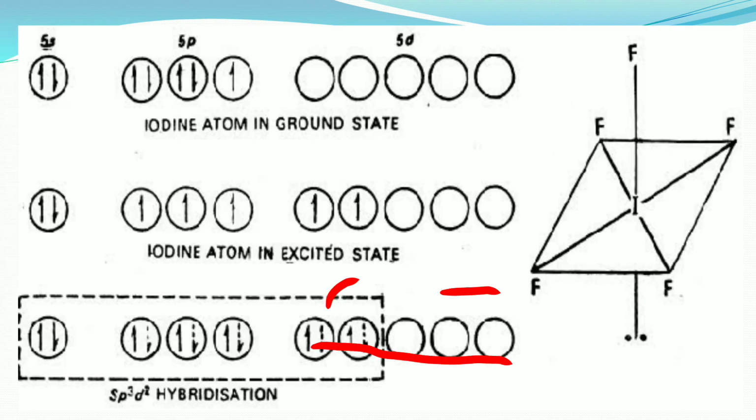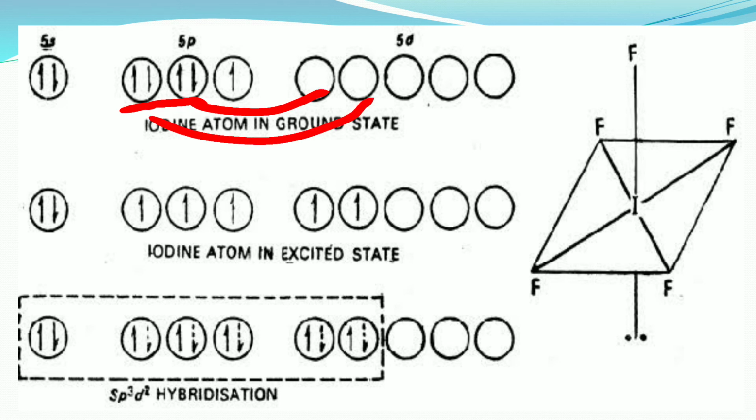Okay, next we learn hybridization. Here the iodine has the valence electronic configuration 5s2 and 5p5. This iodine is bonded with 5 fluorine atoms, that means it requires 5 unpaired electrons. That's why two electrons of the p orbital are excited to a d orbital and we get the excited state.